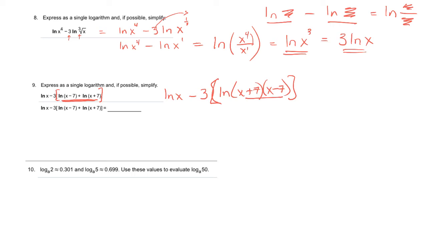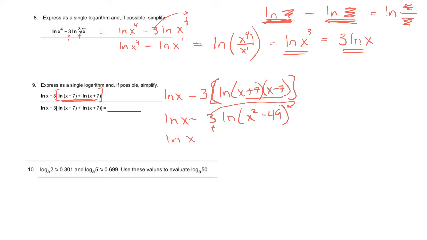Now if I FOIL that together, I'd get ln of x minus 3 times the ln of x squared minus 7x plus 7x, they'd cancel, minus 49. Okay, I'm almost at that stage where I have ln of something, but this 3 out front bothers me. I can use the power rule, and I can put that back right there.